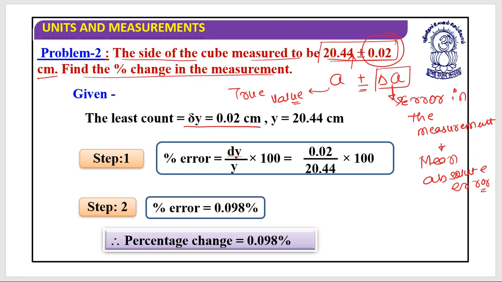The number before the plus or minus sign, 20.44. What do I need to find? The percentage change, or rather the percentage error. So percentage error is delta y by y multiplied by 100. I have been given delta y, which is the error, and the true value, so I can simply calculate it. Can you do it? Yes, very good.